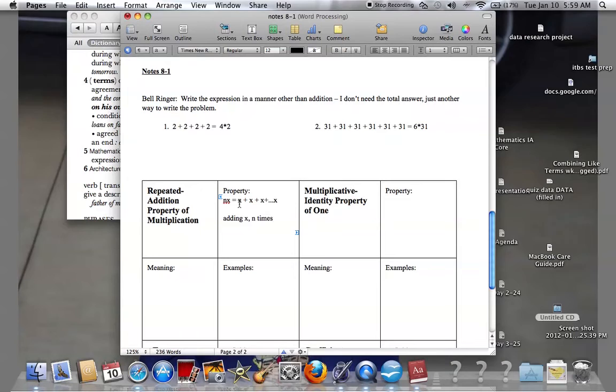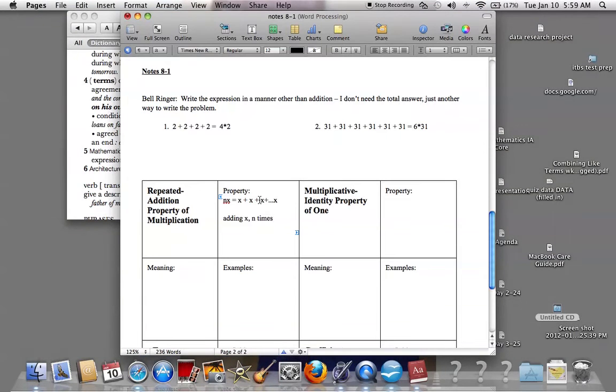We've started to use variables because we're moving into the algebraic part of our math curriculum. We're going to take the second thing, whatever it is, number, letter, whatever it is, and add that over and over until we have it written n times.